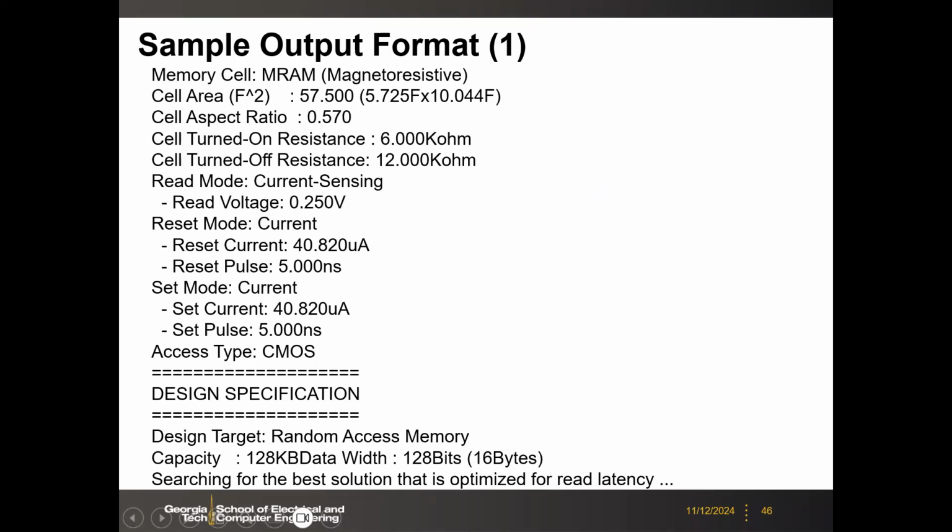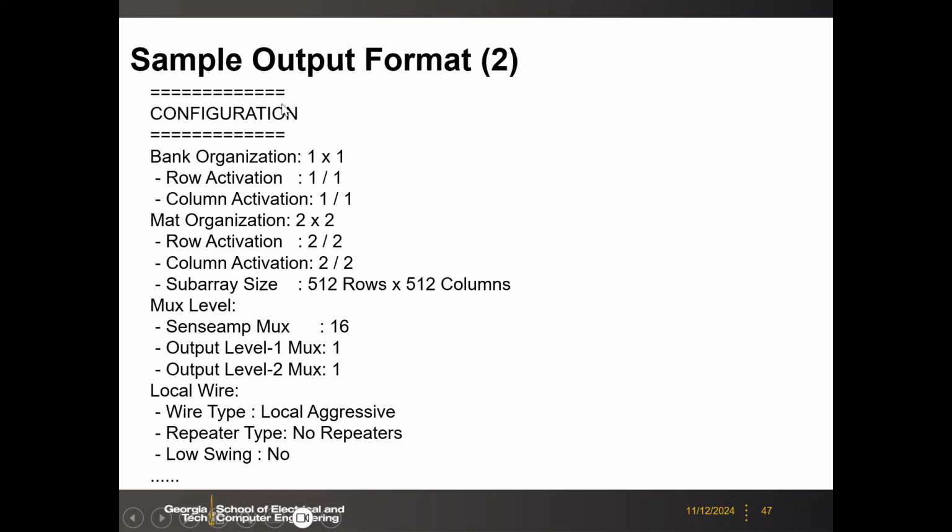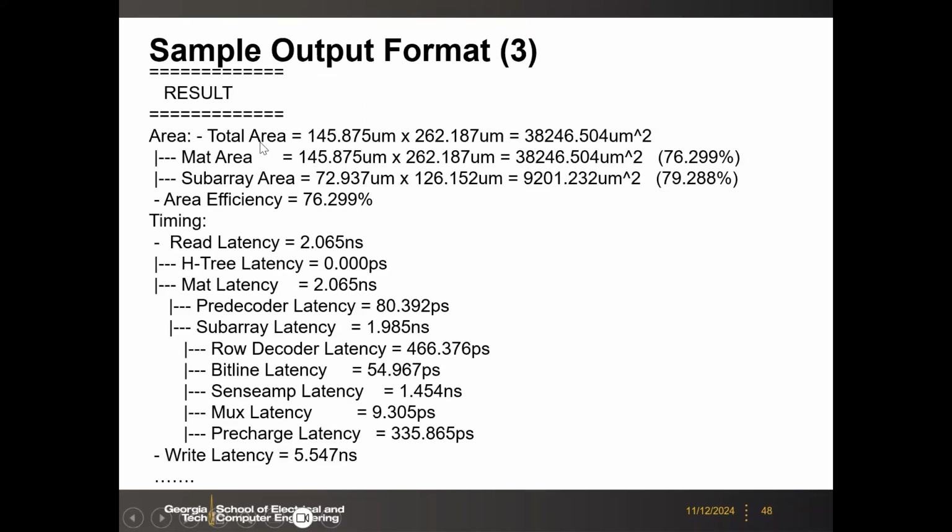It will just show you what you have put there, and then the configuration. It will show you what kind of bank organization, mat organization, and all your design options you specified. Then finally, it will show the results, right?